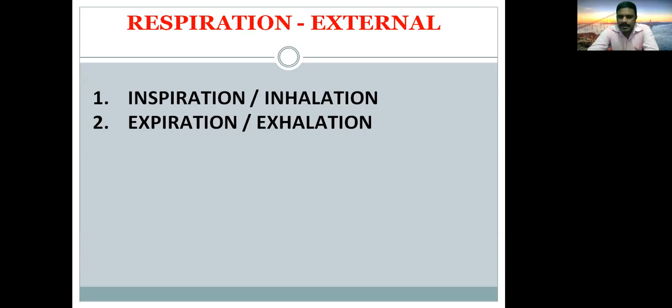For smaller organisms like protozoans, respiratory organelles or respiratory systems are not required. Why? Because the animal itself is a single-bodied or single-celled organism. So the cell is in contact with the surrounding water, from which it can directly absorb oxygen, and into which it can directly expel carbon dioxide also.